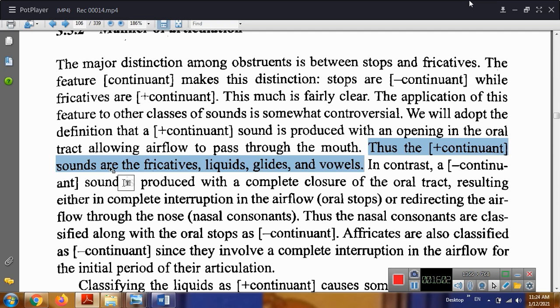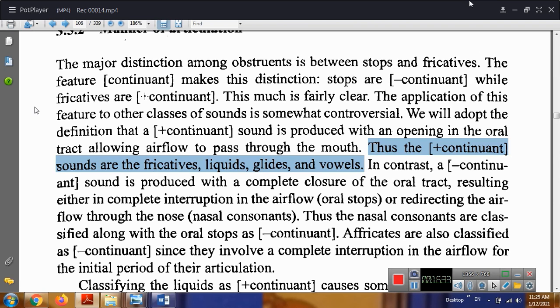We don't have any closure when we produce glide and vowel, and we can continue them as long as we want. For example, I can say s, z, sh, l.